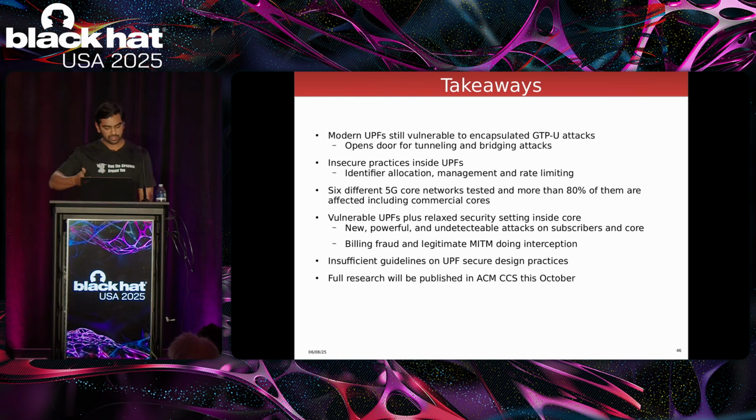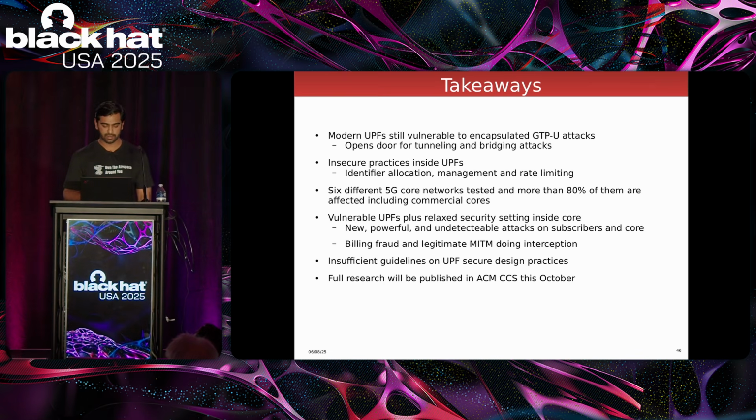We tested 6 different 5G core networks, and more than 80% of them are affected. That also includes commercial ones. The kinds of attacks we see become more powerful and undetectable, both on the core and on the subscribers, and will lead to billing fraud as well as a legitimate man in the middle.